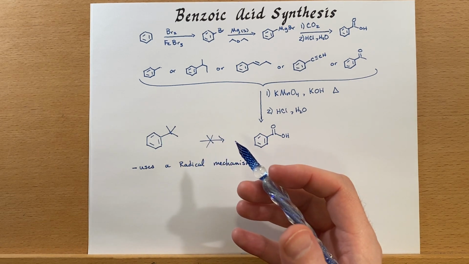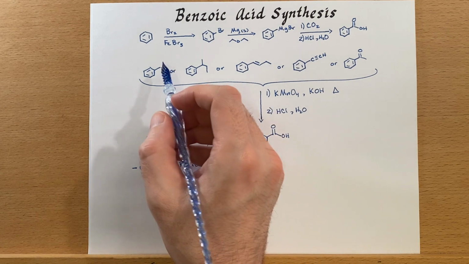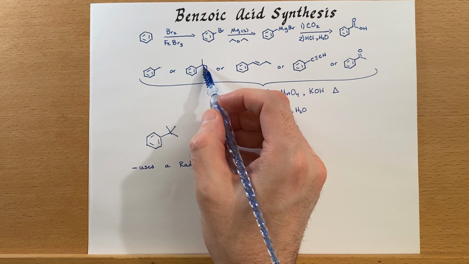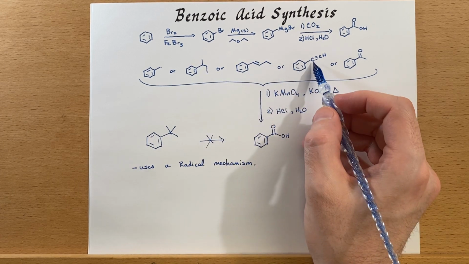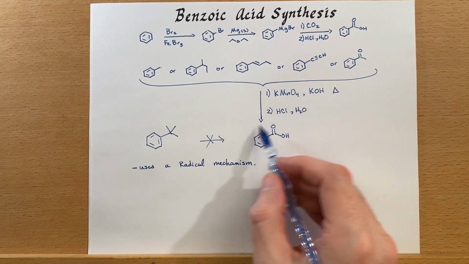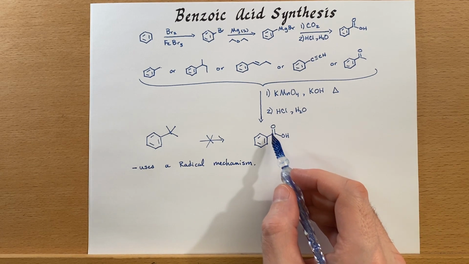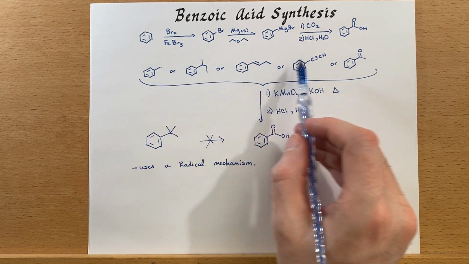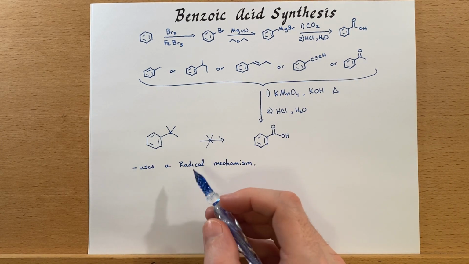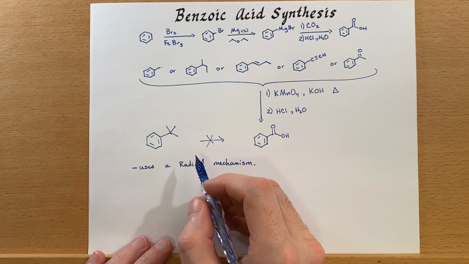Same with a benzylic carbocation. So forming the radical in this position is favorable. For that reason, we're able to generate benzoic acid, even though we have quite a variety of starting materials that we can use.